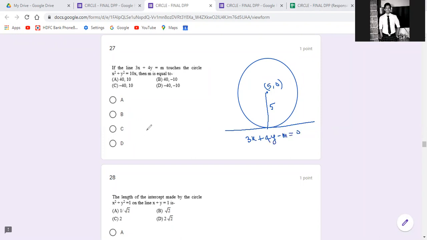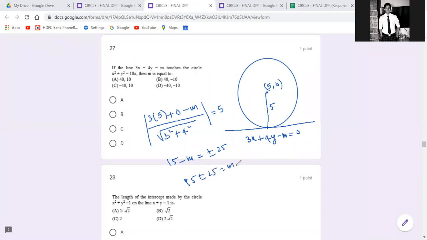So the distance from the center, how much is that? 3 into 5 plus 0 minus m upon root of 3 square plus 4 square should be equal to 5. 15 minus m is plus or minus 25. So m is 15 plus or minus 25. So either m is 40 or m is minus 10.